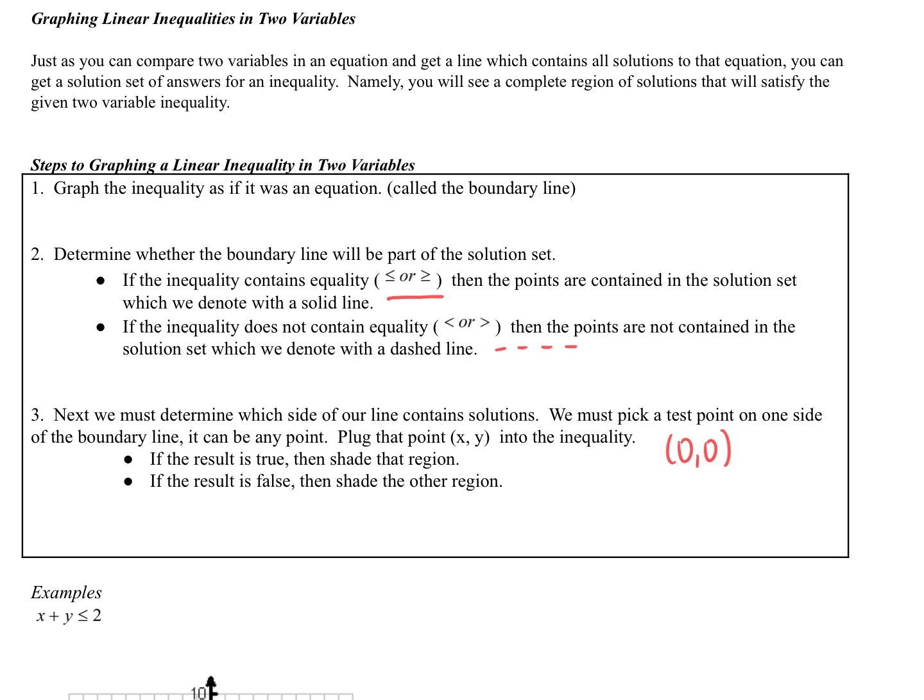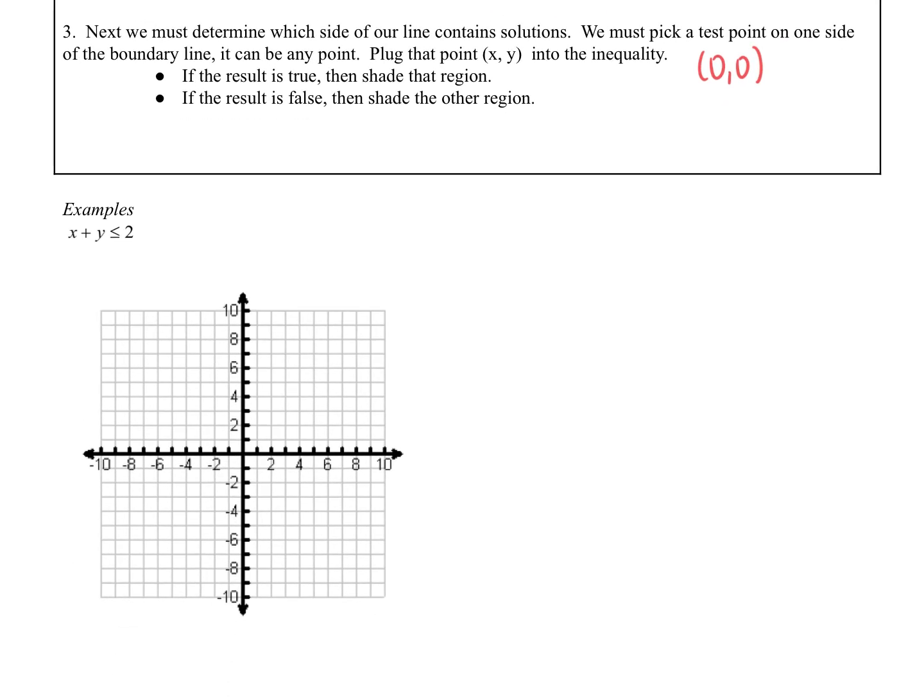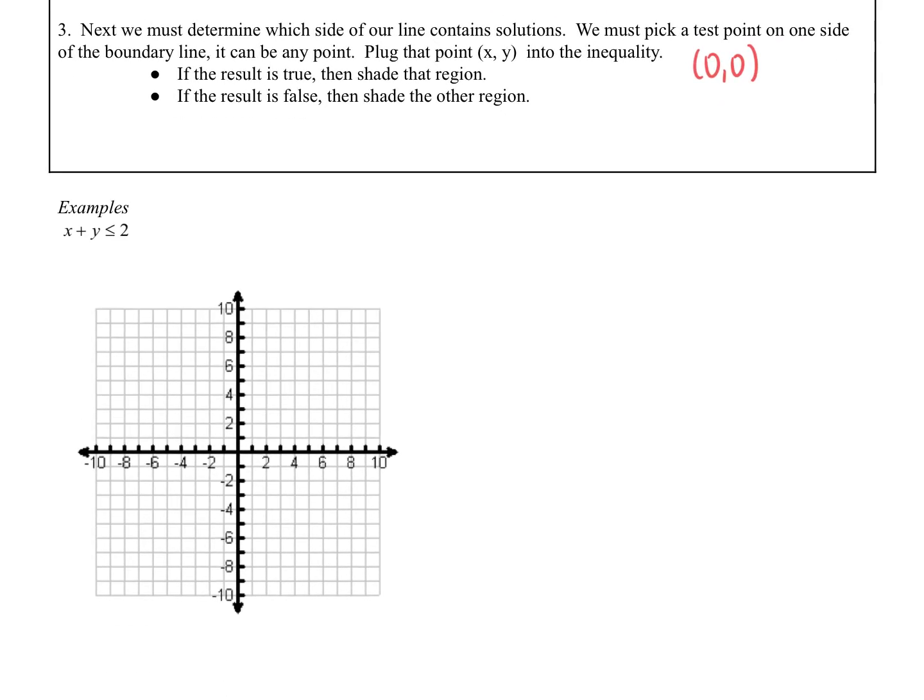So before we look at a system of linear inequalities, we're just going to look at graphing singular inequalities. For our first example, we have x plus y is less than or equal to 2. In order to do my boundary line, I have to get it in my y equals mx plus b form, like when we were graphing linear equations.